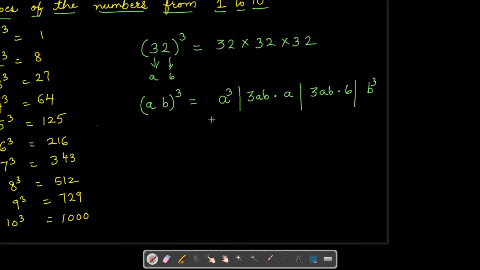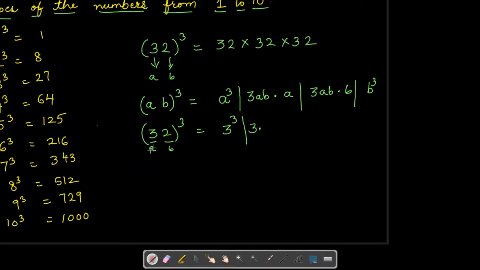Now let us try to understand how we apply the same rule to 32. Let me say I have 3 and 2, whole cube. What is my A value? 3 is my A value and 2 is the B value. So let me write 3 cube. Then I make a partition.